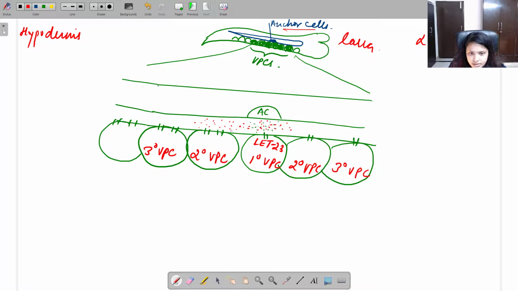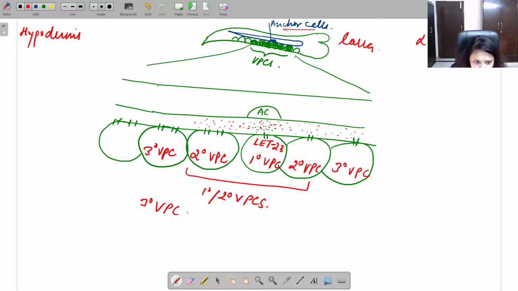So the concentration of Lin3 will confirm the fate of these 6 cells. What happens in these 6 cells? The vulva is formed by the primary as well as secondary VPC, but tertiary VPCs are non-vulval.